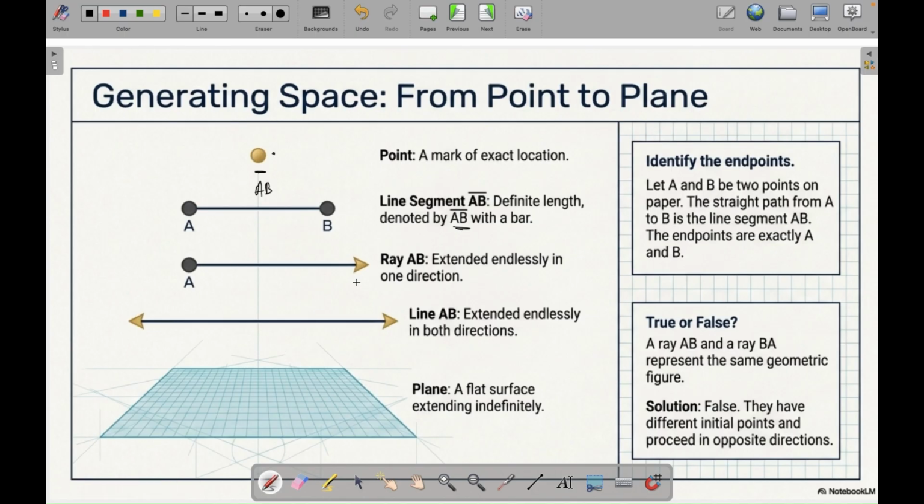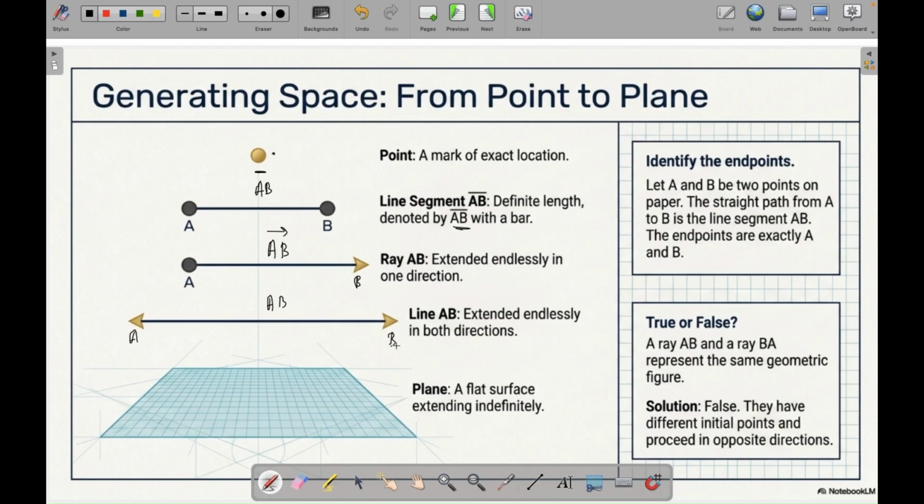Then if I give you a ray AB and ask what this is, you'll say this is ray AB. How do you represent a ray? Like this. And if I give you a line AB, you'll say this is AB, just AB. So when I just say AB, this means a line. When I say AB with an arrow over it, this means a ray. When I say AB with an overbar, it means a line segment.